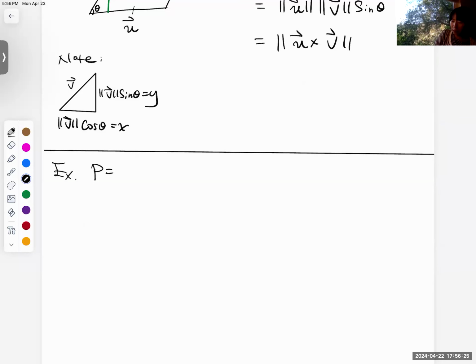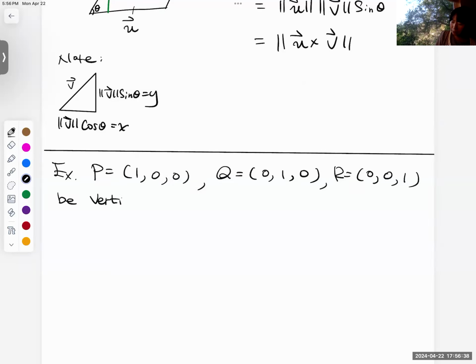We have a point 1, 0, 0. We have a point 0, 1, 0. We have a point 0, 0, 1. These are the vertices of a triangle. Find its area.